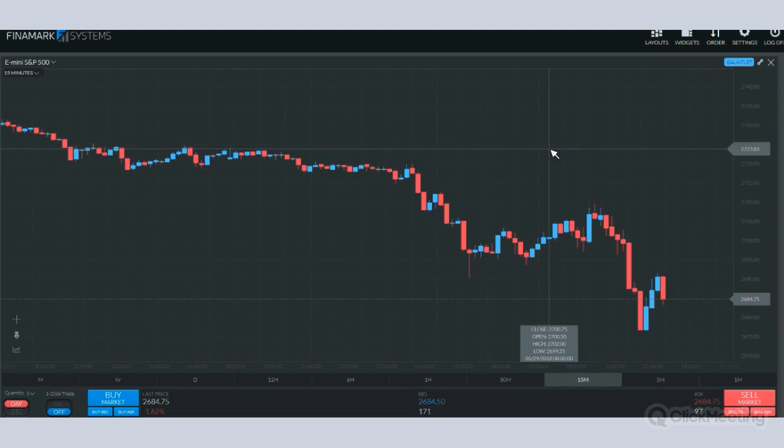Risk management is how much we're choosing to risk in order to gain the reward that we're seeking.